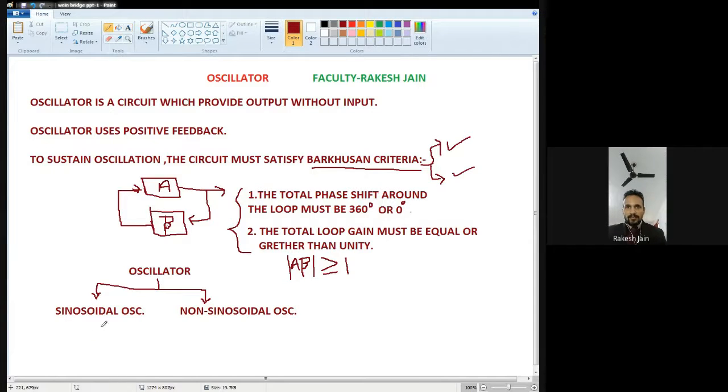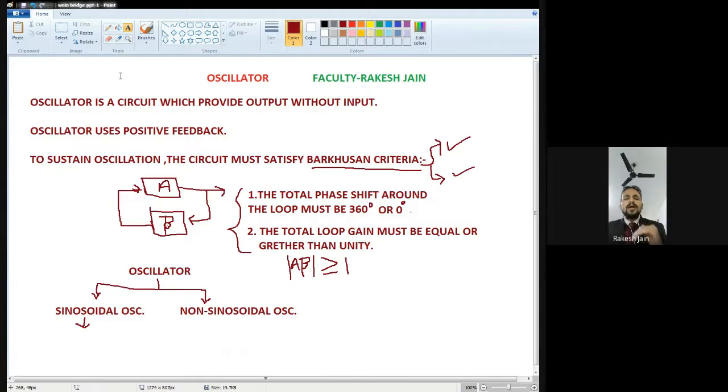If you further classify them, the sinusoidal oscillator may be of different types. Those sinusoidal oscillators whose construction consists of resistive and capacitive devices, resistance and capacitance, are termed RC oscillators, like the RC phase shift oscillator and Wein bridge oscillator.